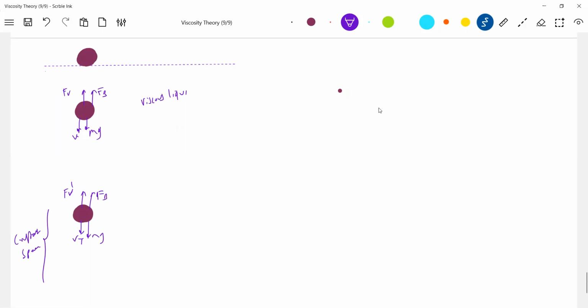So same discussion. This is what? Acceleration. Fine. Okay, let's get the expression for acceleration. So what is ma? ma is equal to mg minus Fv minus Fb. So this a is equal to g minus Fv by m.